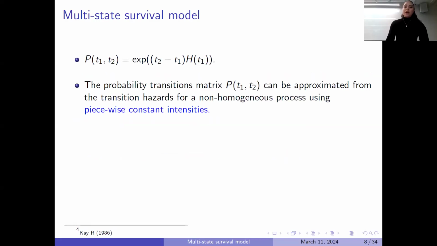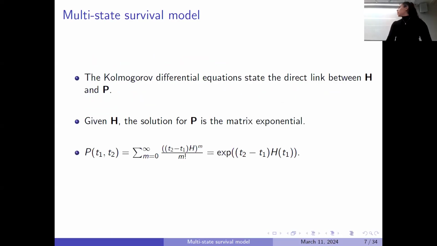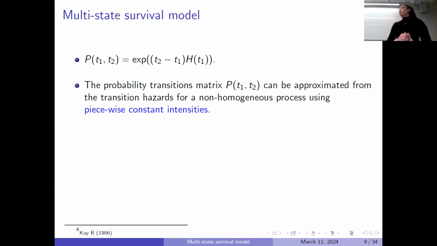Right. So now we think about the probability transition matrix and the slide that I had before. This can get quite complicated. If we have time-dependent probability transitions, we get time-dependent differential equations, and it's not very straightforward if you want to get the explicit solutions.